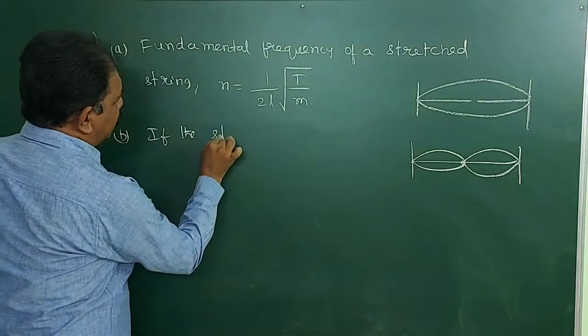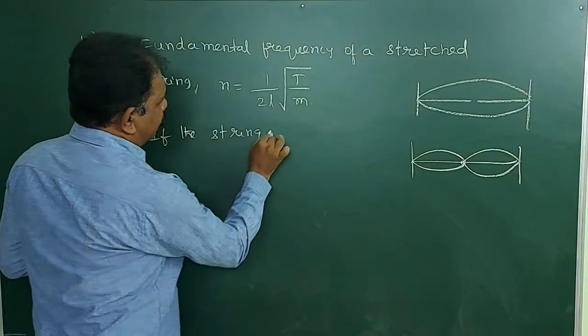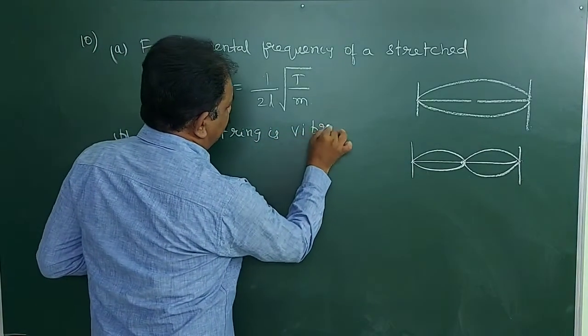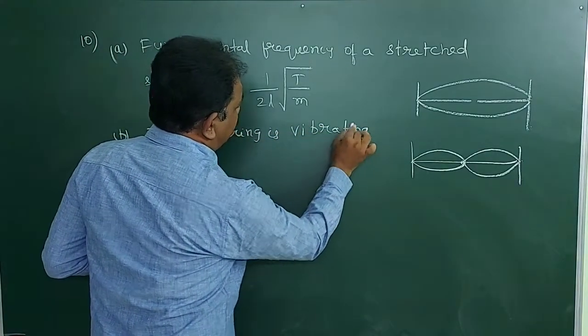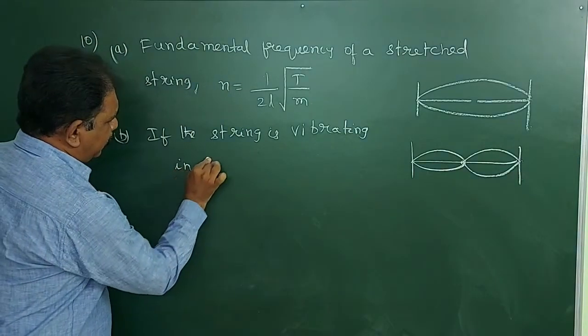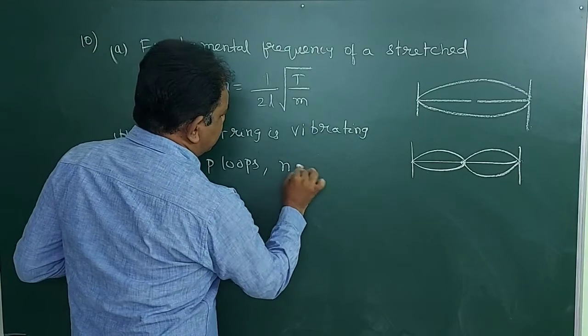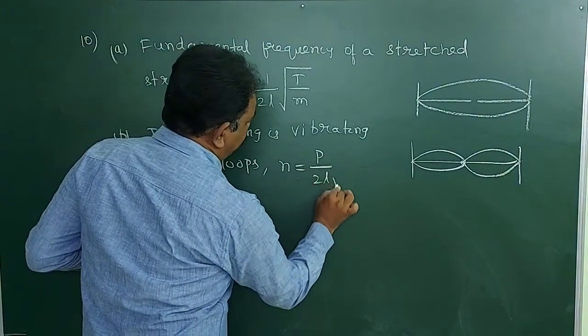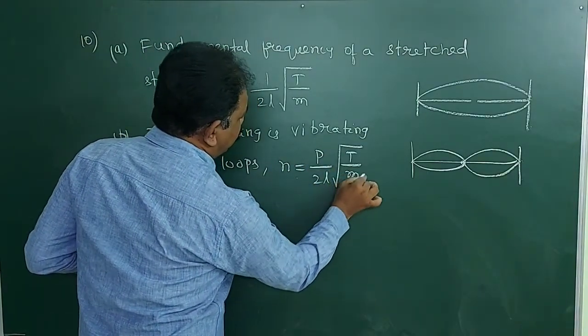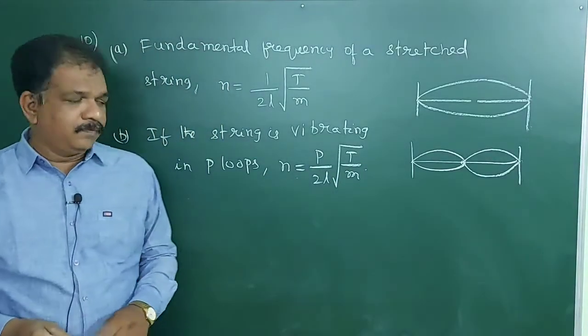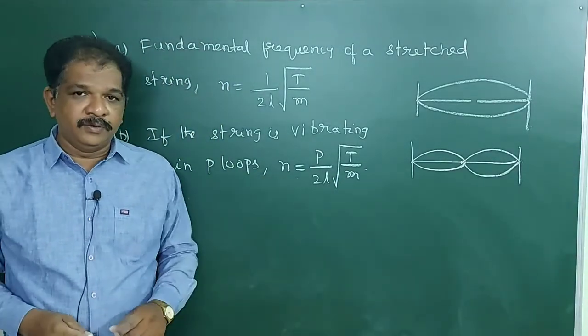If the string is vibrating in P loops, n is equal to P by 2L root T by M. This formula we will use.